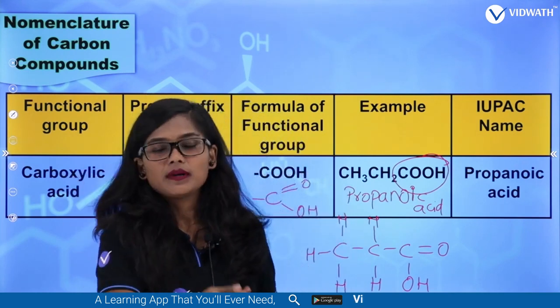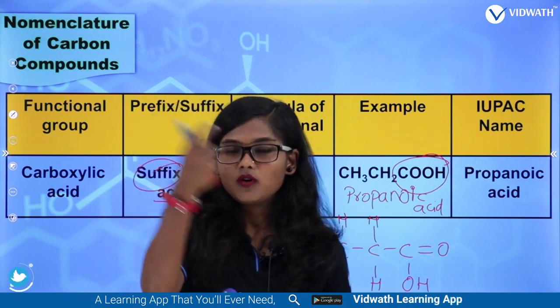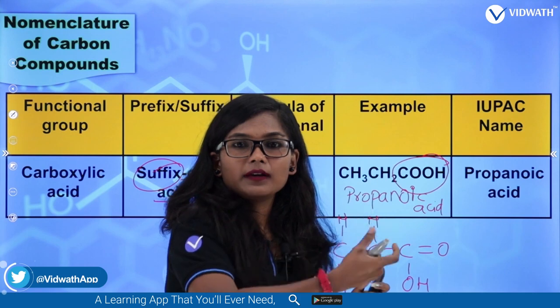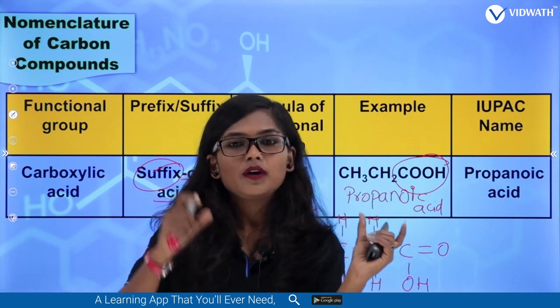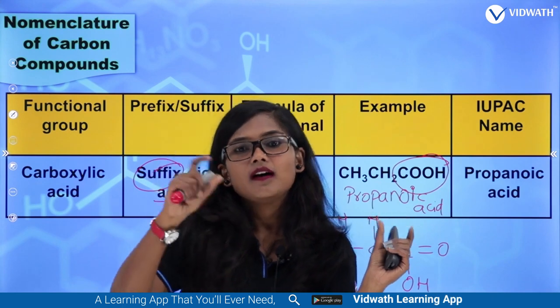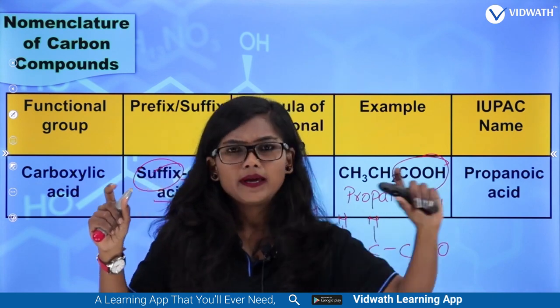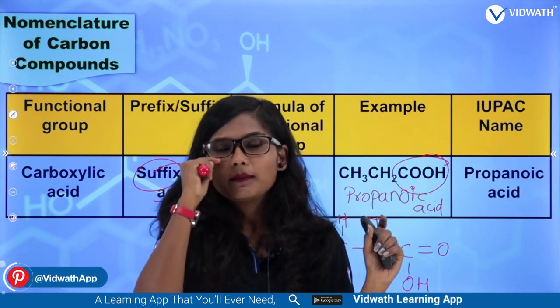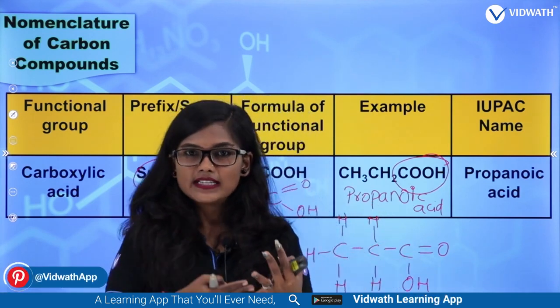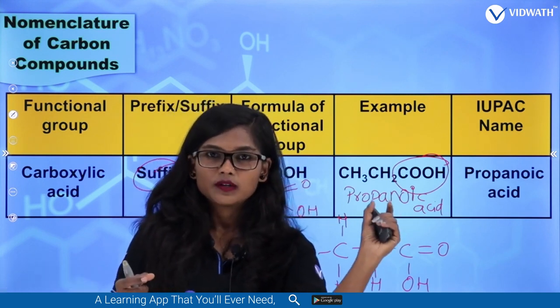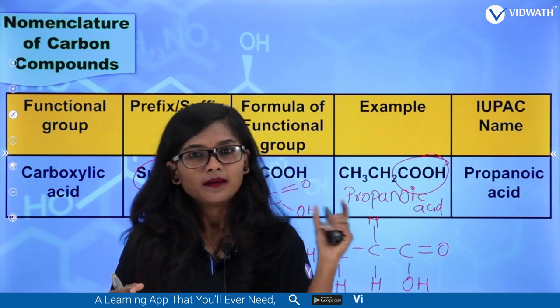If a carbon compound contains a halogen functional group, we indicate the presence of that halogen in the compound by using it as a prefix, that is propane, chloropropane. Coming to the other functional groups, alcohol, we use -ol in the suffix: propanol, ethanol, methanol.